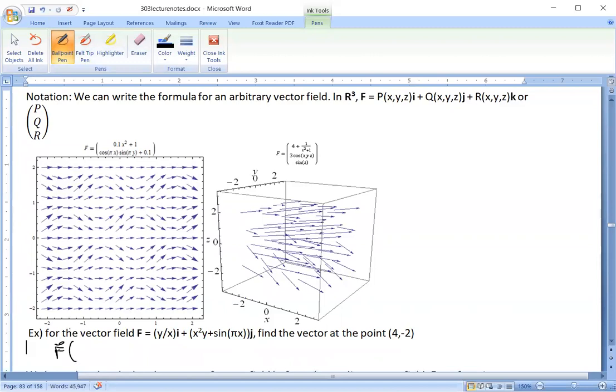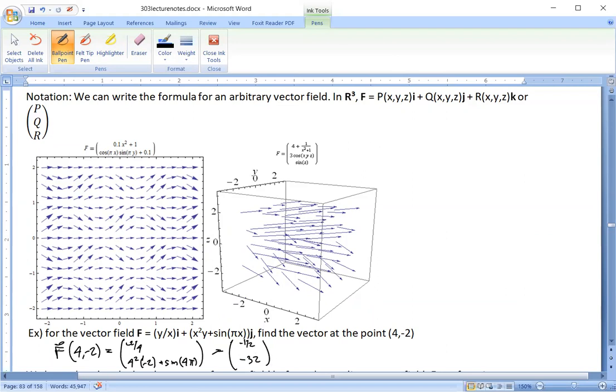So we say vector field F at the point (4, -2) equals, so plugging it in, I'm going to get -2/4, and then 4 squared times -2 plus sine of 4 pi. And then that works out to -1/2, and if you calculate, -32.